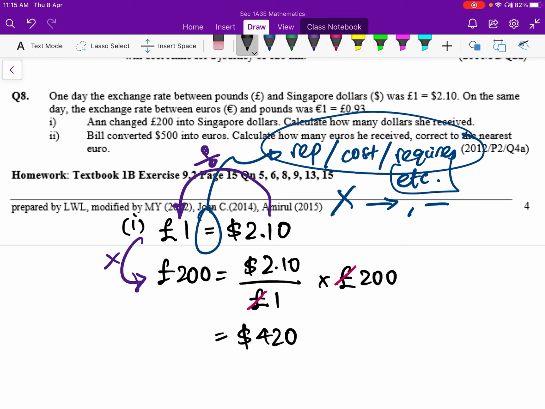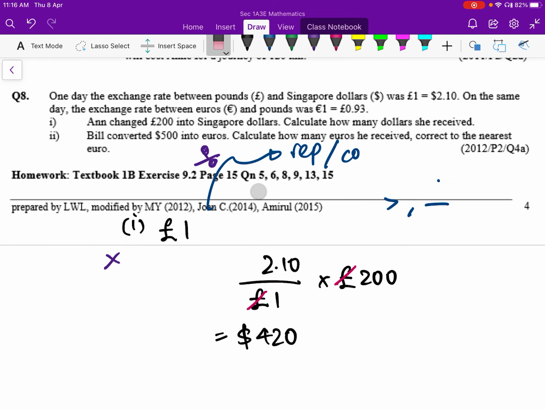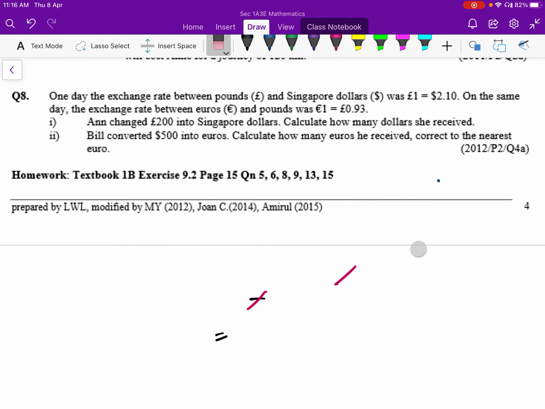Done? Done. Okay, next one. Part 2. So Bill converted $500 into euros. How many euros did he receive?